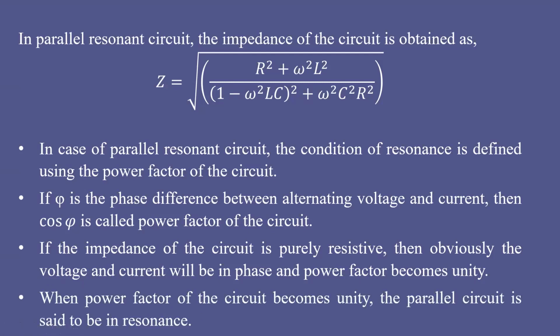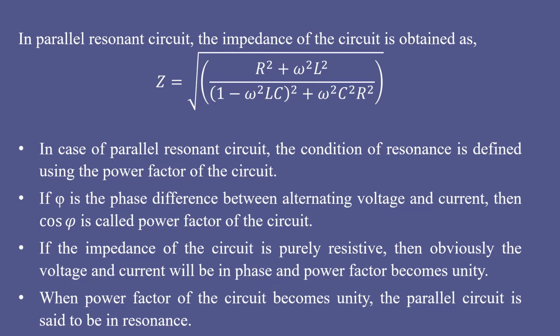In the series resonance circuit, we have seen that the condition for resonance is given by omega L equal to 1 by omega C, and in that case also the impedance will be purely resistive, and the power factor will be unity. So here resonance is defined by the condition that the power factor of the circuit should be equal to unity.